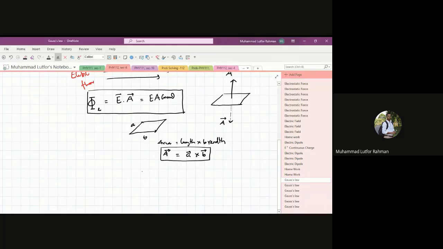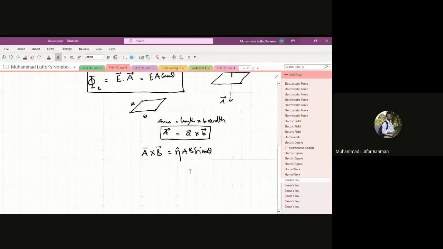We already talked about the cross product: A cross B equals eta hat AB sine theta, where eta must be perpendicular to both A and B. Say you have vectors A and B, and theta is the angle between these two, with A and B in the same plane.